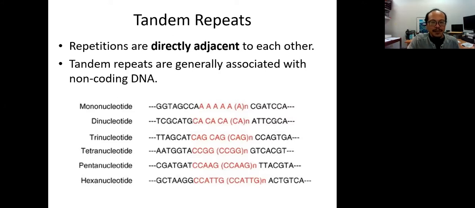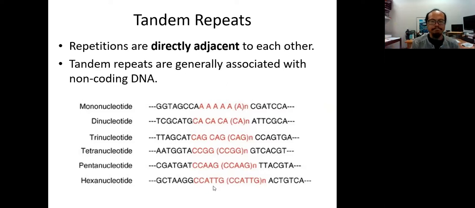It can be mononucleotide, for example, multiple A's, dinucleotide, CA, and there are common ones, CG. In the future, you may see that. It's called the CG island. And then trinucleotide, 3 codes, 4 codes, 5 codes, 6 codes. So it repeats over and over again.